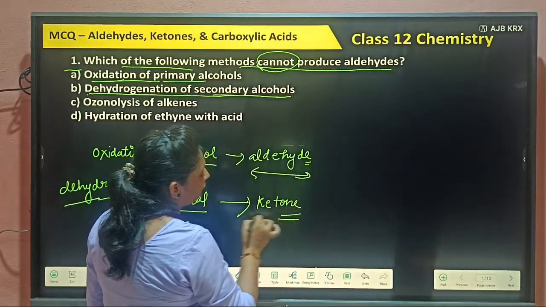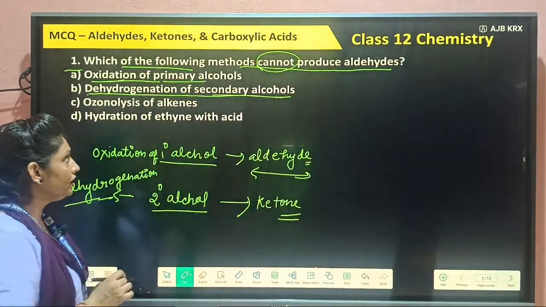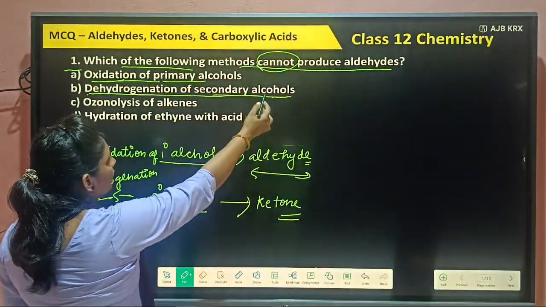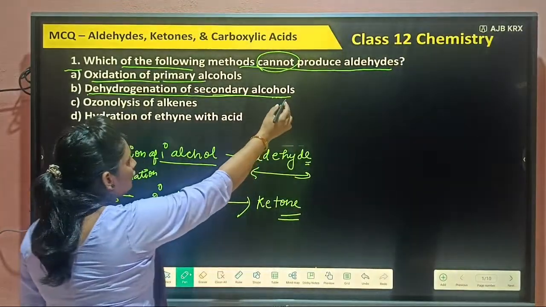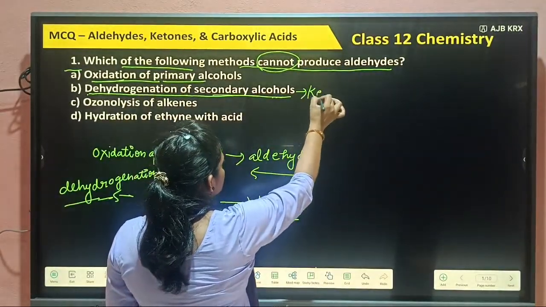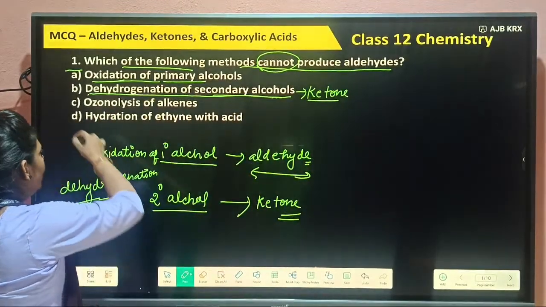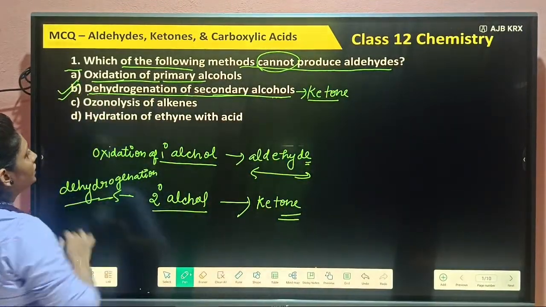It does not give us aldehyde. So students, dehydrogenation of secondary alcohol is used for preparation of ketone only, not aldehyde. So option B will be the right one.